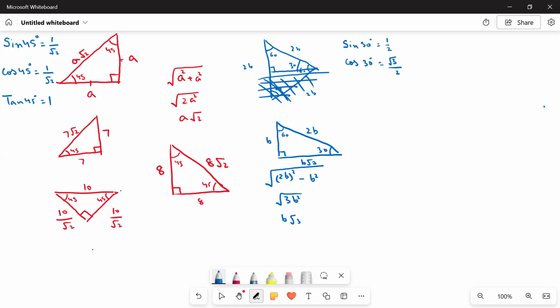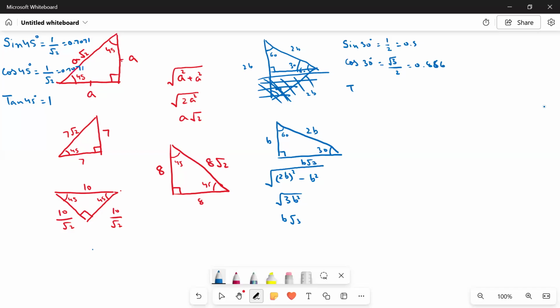Right? By the way, this value 1 over root 2 is 0.7071. This is also 0.7071. This is 0.5, of course, and this is 0.866.